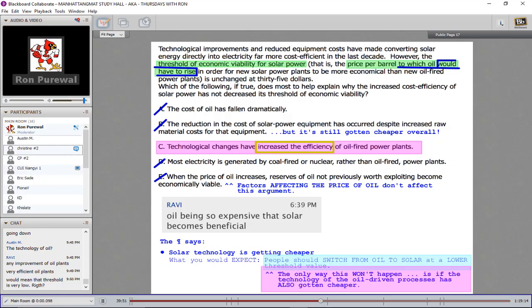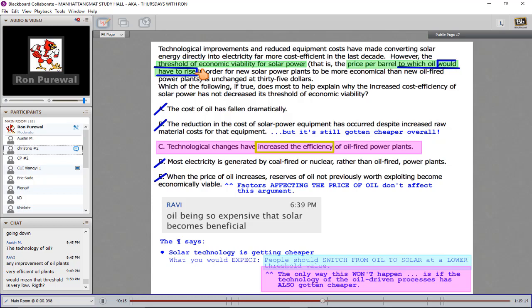No, if you had really efficient oil plants, then it would actually make the threshold price of oil higher, because you could absorb more of that cost before it would matter. So again, it's the price. It's how much would oil cost before you would have to switch.